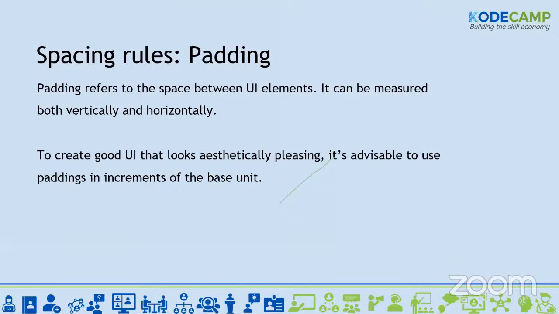Okay, you guys are familiar with padding. I think the reason why we actually started using that word is auto layout. Yes. So padding actually creates good UI that looks very pleasing, and it is advisable to use padding.